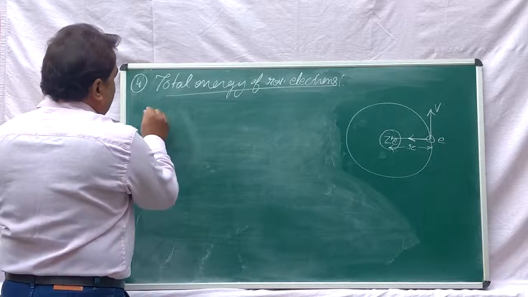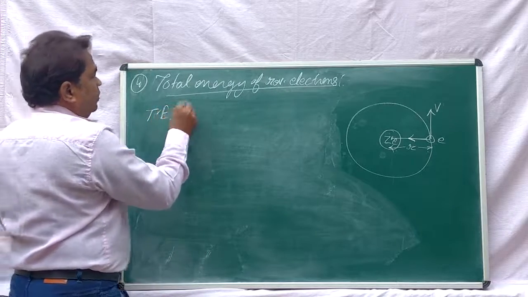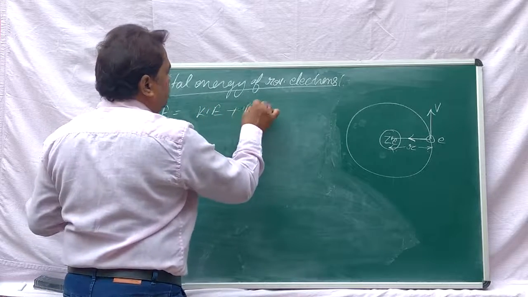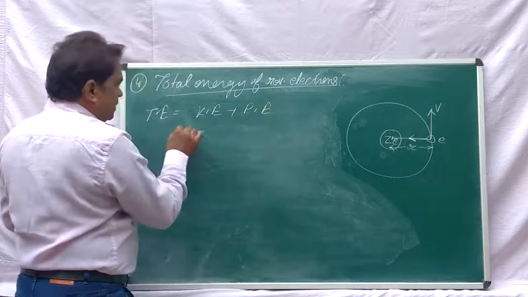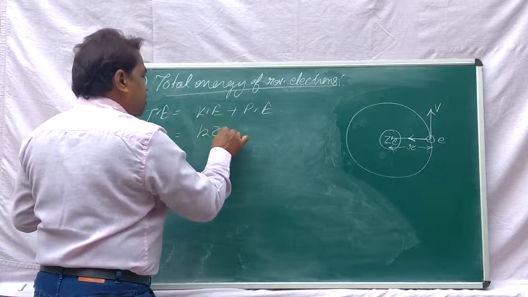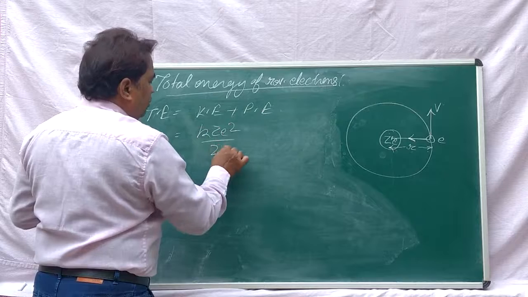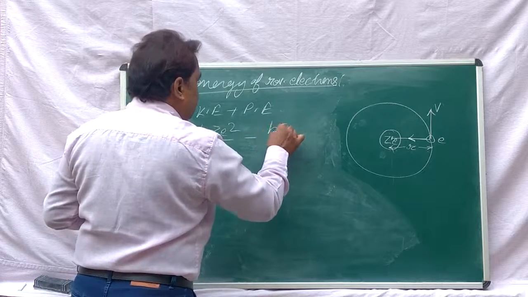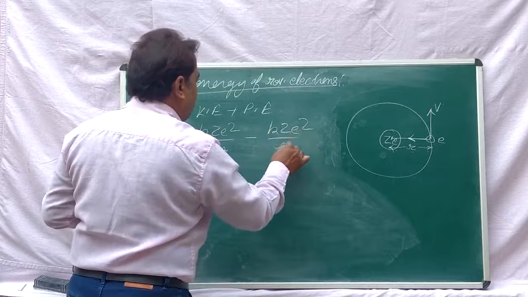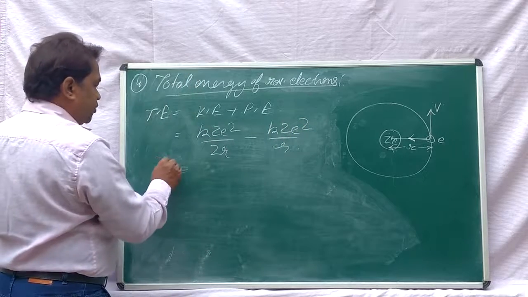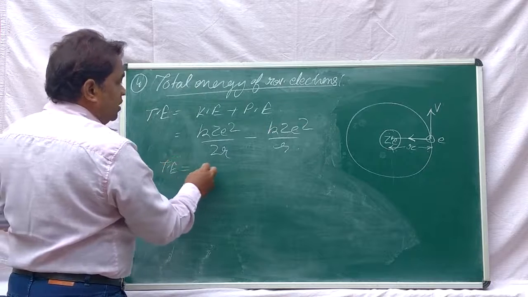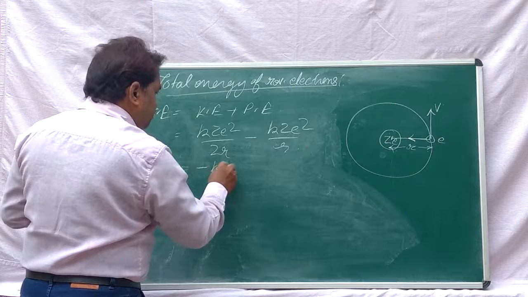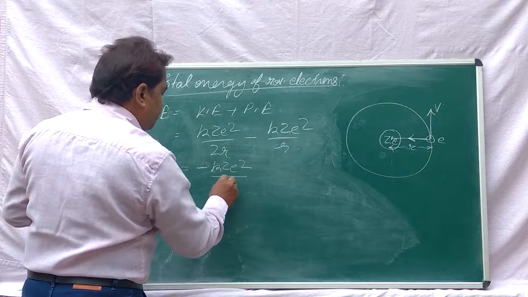So the total energy is equal to kinetic energy plus potential energy, and this is K Z e square upon 2r, and this is minus K Z e square upon r, and finally the total energy is equal to minus K Z e square upon 2r.